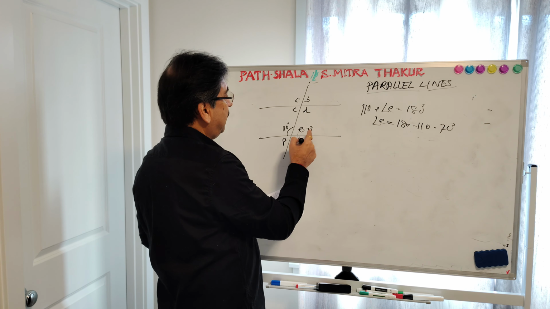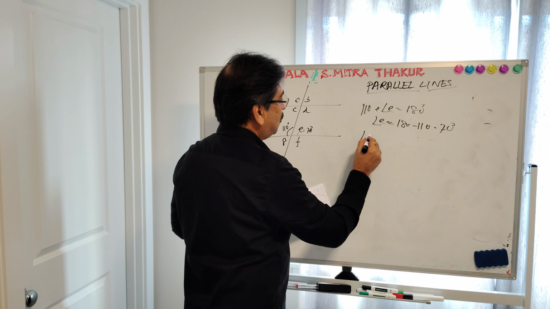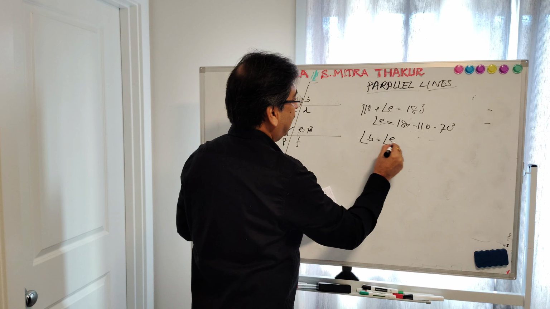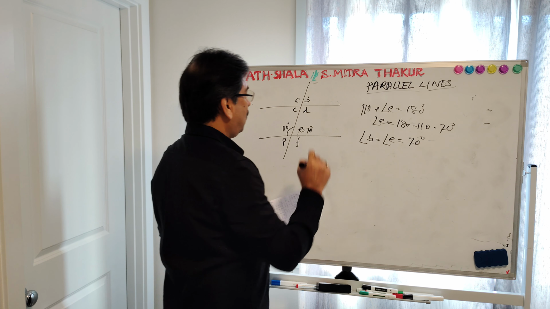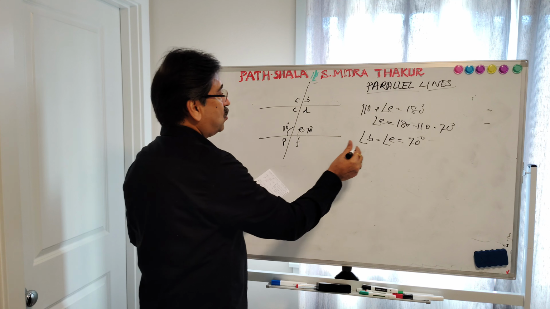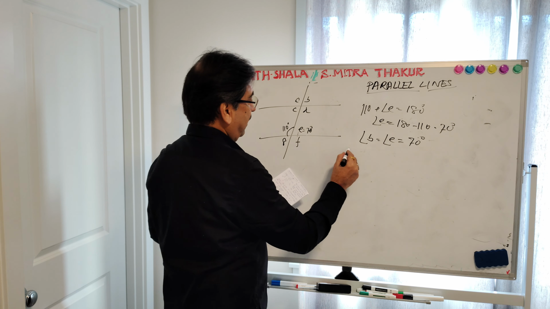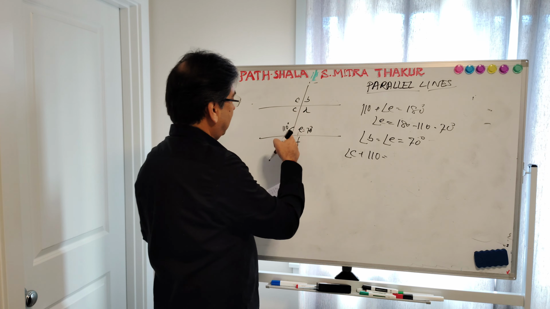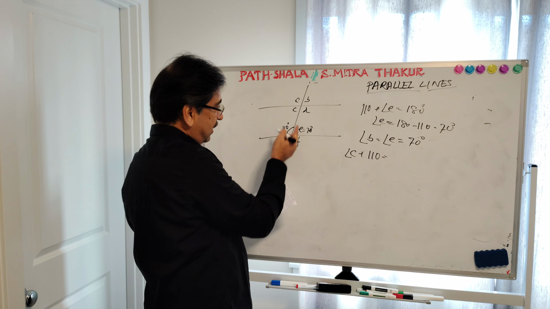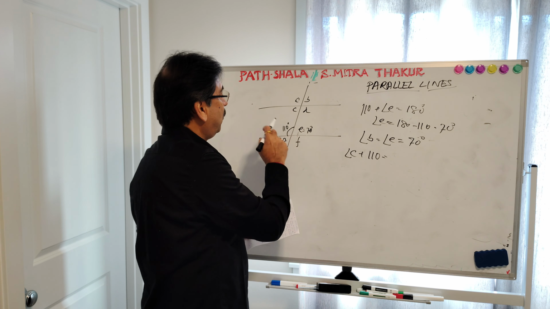If E is equal to 70 degrees, then its corresponding angle B is equal to angle E, that is 70 degrees. So B is also found. Now angle C plus 110: both angles are on the same side of the transversal within the parallel lines, so their sum will be 180 degrees.